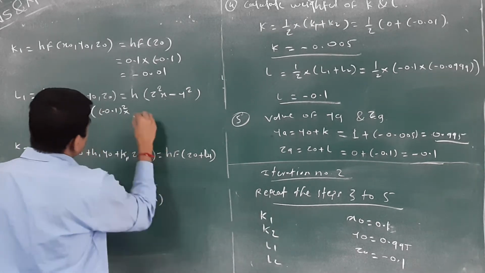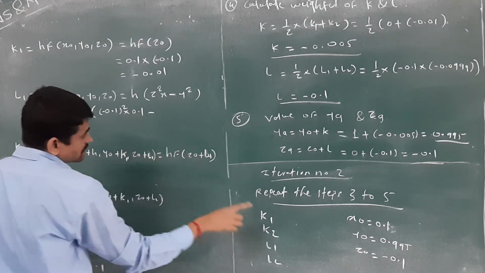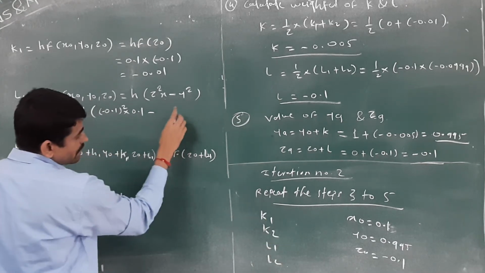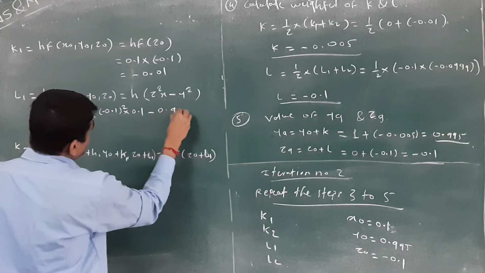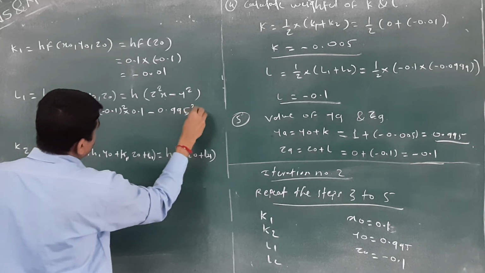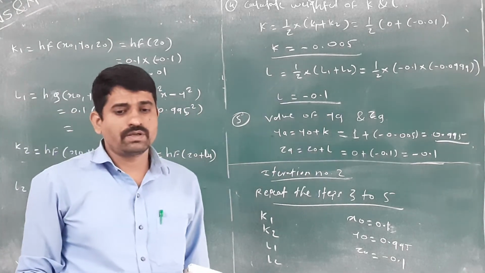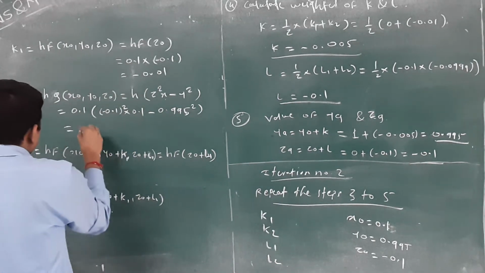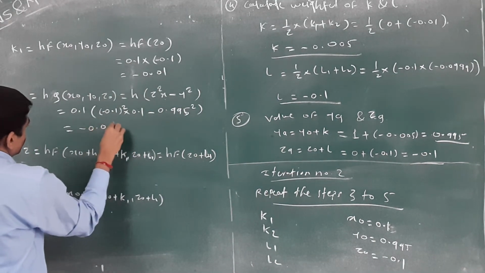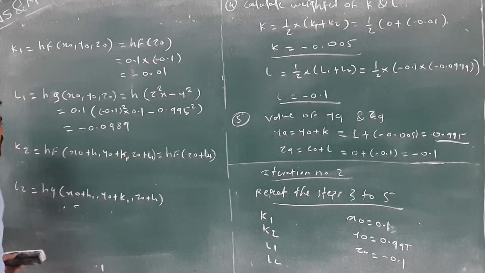What is the x0? 0.1 minus y0. What is the y0? 0.995 bracket square. If you have calculated that L1, you will get minus 0.0989. Okay, this value you will get.